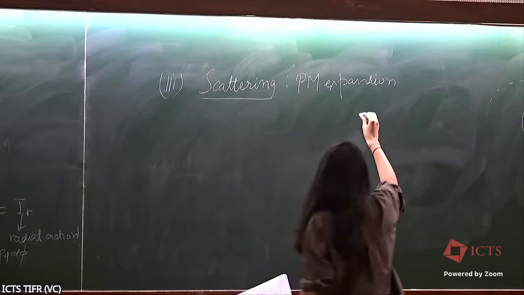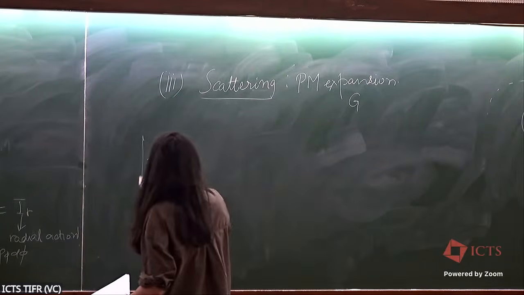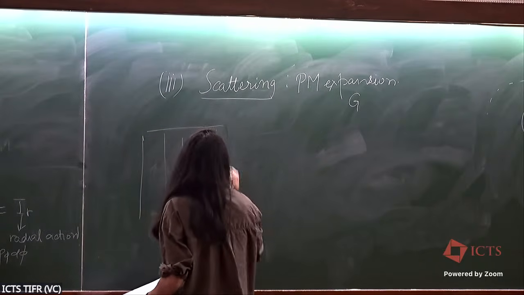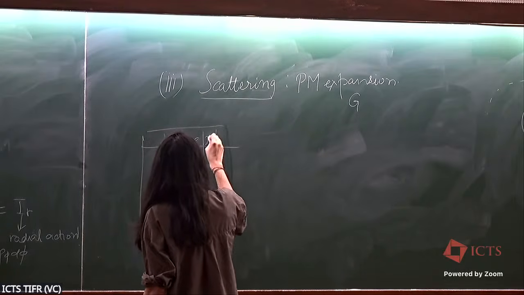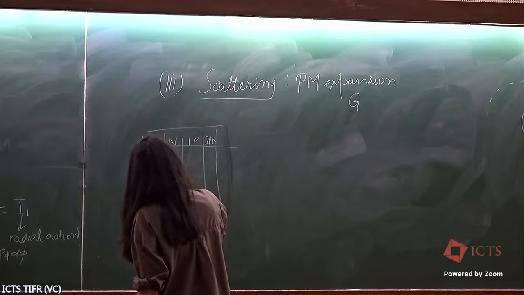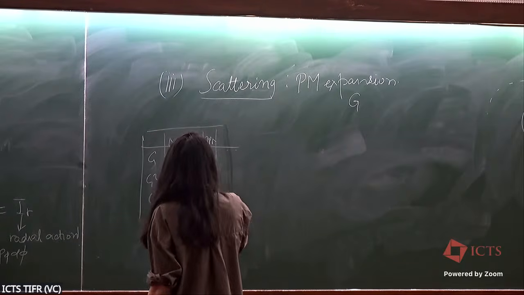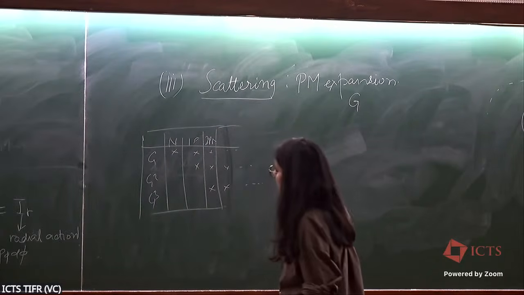And the Post-Minkowskian expansion is in G. And we made a grid structure which said like, we have Newtonian, 1 PN, 2 PN, G square, G cube. We made this grid structure.